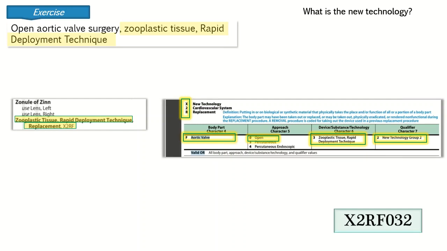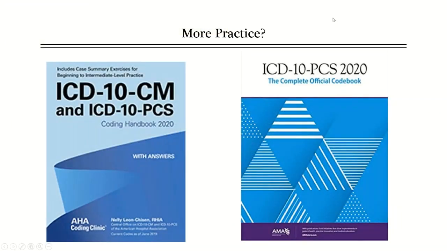All right, coders, this concludes the presentation for PCS Coding Part 3, Ancillary and New Technology. I do want to show you, if you need more practice, what you can do. I would get the ICD-10-CM and PCS Coding Handbook. There are a plethora of examples and exercises and practice.